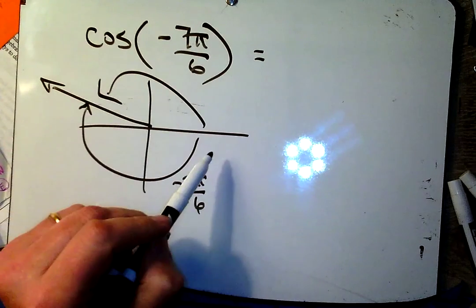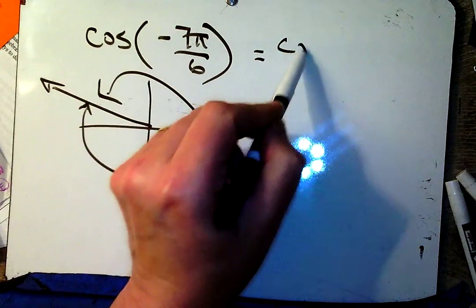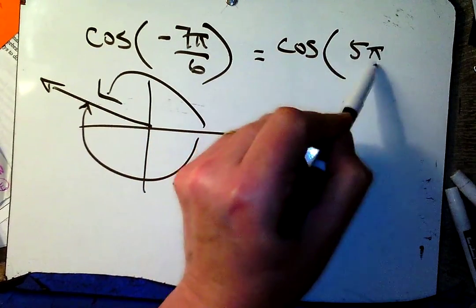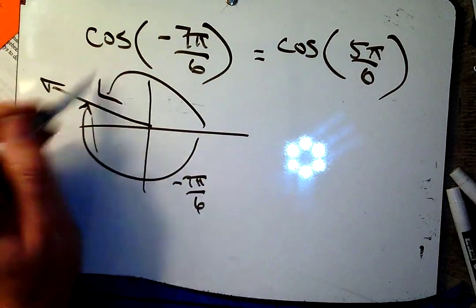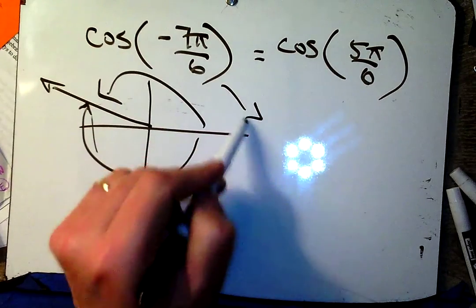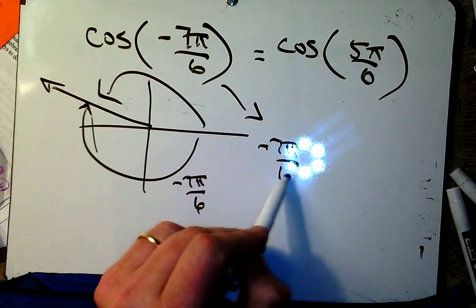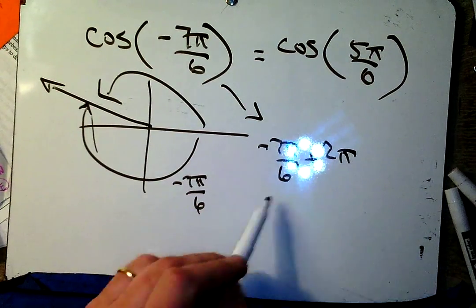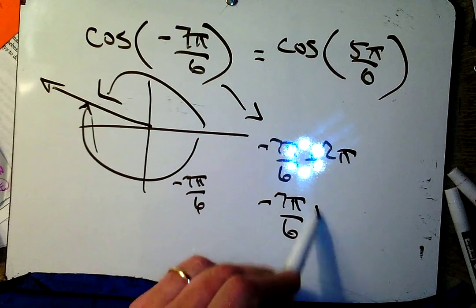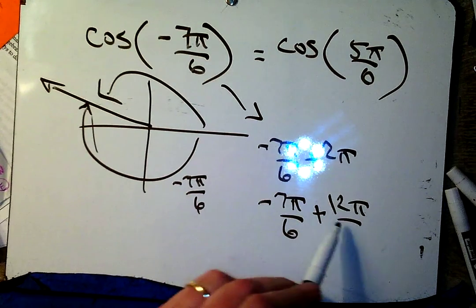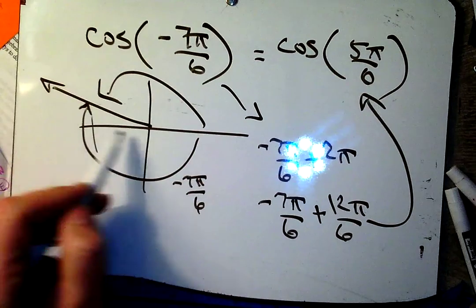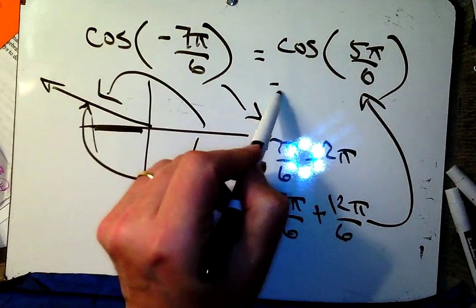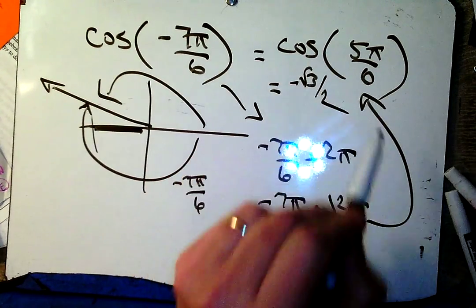We want this one. That's cosine of 5 pi over 6. Now, if I can't sort of see it from the picture, no worries, because we know about coterminal angles. Let's add 2 pi. Negative 7 pi over 6 plus 12 pi over 6 gets me up to 5 pi over 6. And the cosine at 5 pi over 6 is negative root 3 over 2.